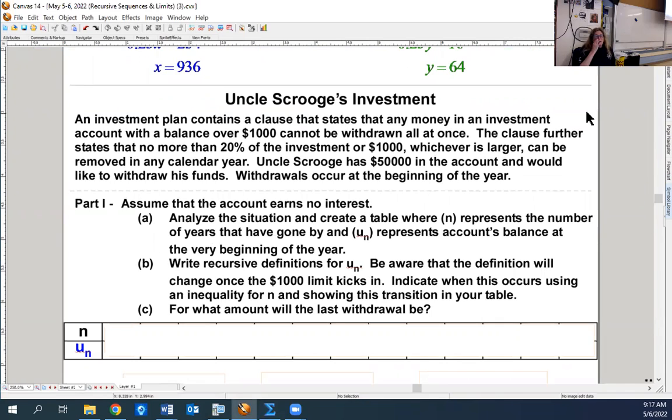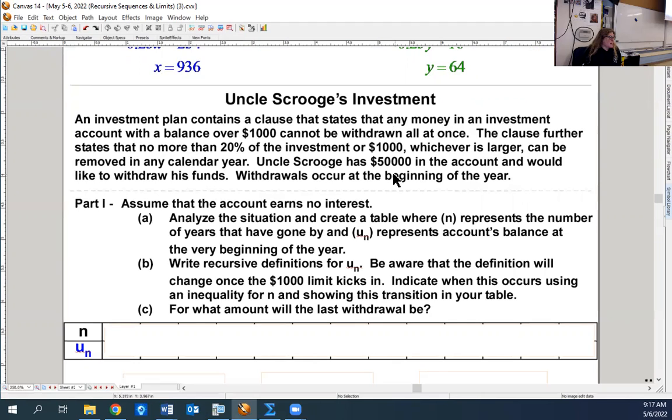So guys, there are rules about how he can remove this money. So basically, you can't take it all out at once if you have over $1,000.